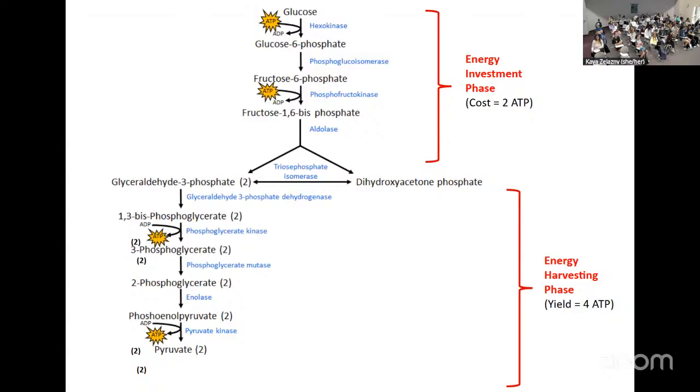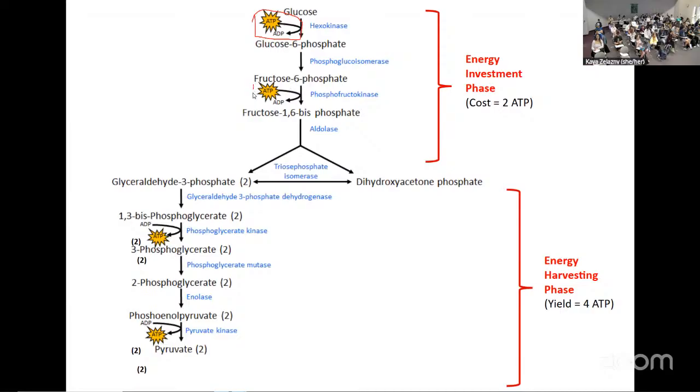And to do that, we had to add in some ATP, right? So we start by investing some energy in this process. So here you can see we put in an ATP molecule and we use that energy to turn the glucose into glucose 6-phosphate. And then we did it again here.